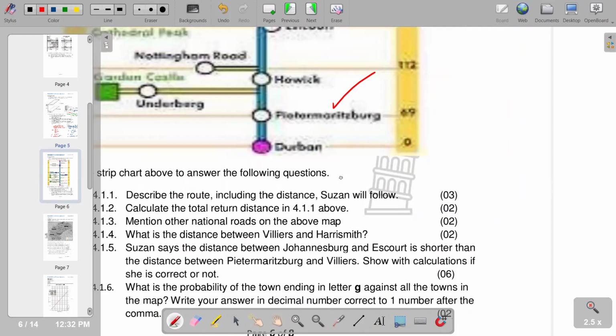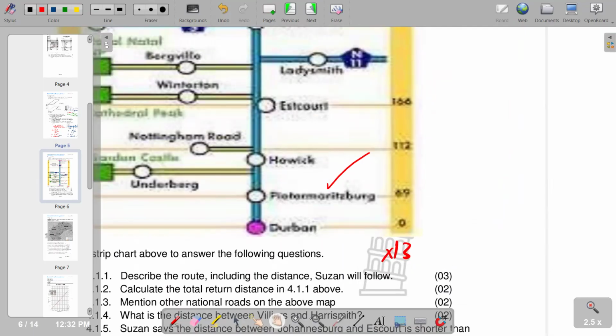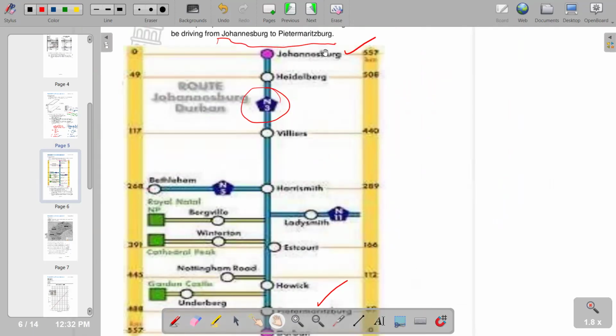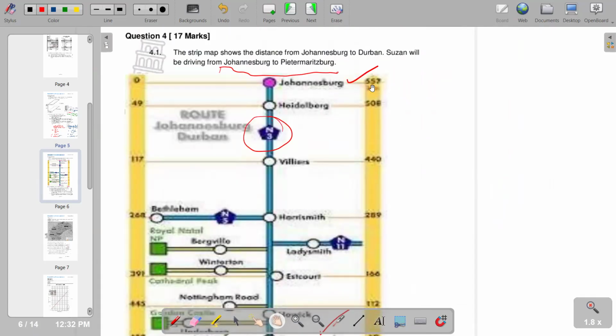And then in terms of the distance, from Durban, which is 0, going up to Johannesburg, we see it is 557.